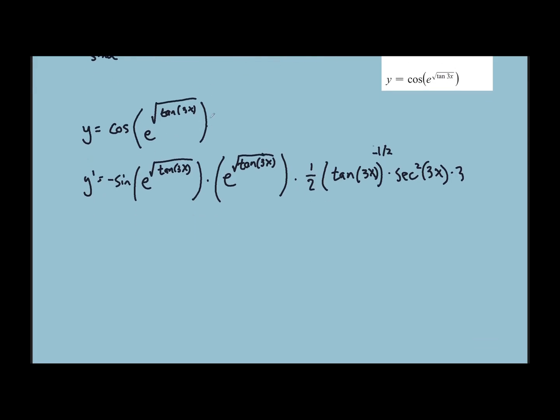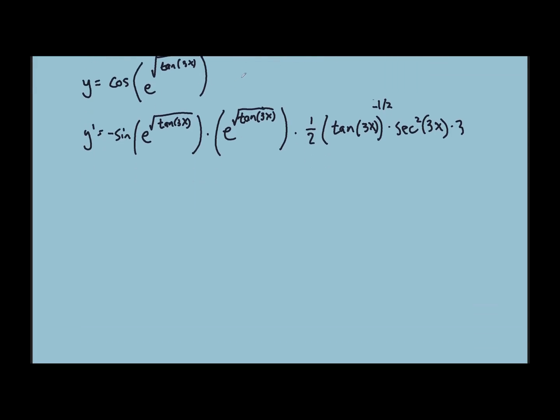So how would I put that together? I don't know if there's a great way to do it, but we can try. I think if we put this all in front, we would get negative 3/2 secant squared of 3x. Well, let's not create a fraction there yet. Negative 3 secant squared of 3x. What's going to be on top?